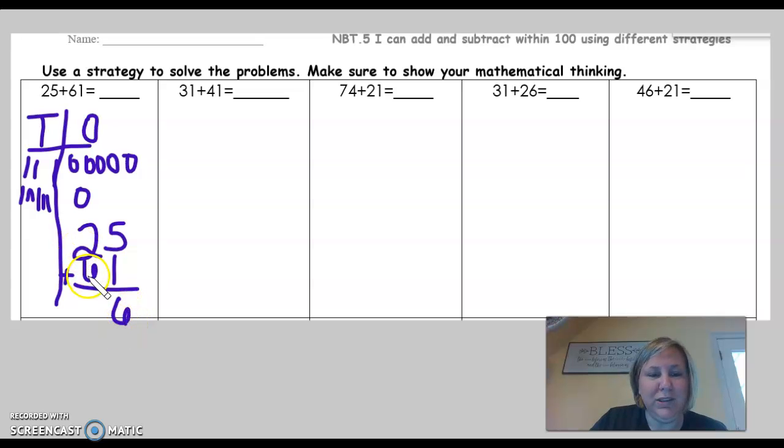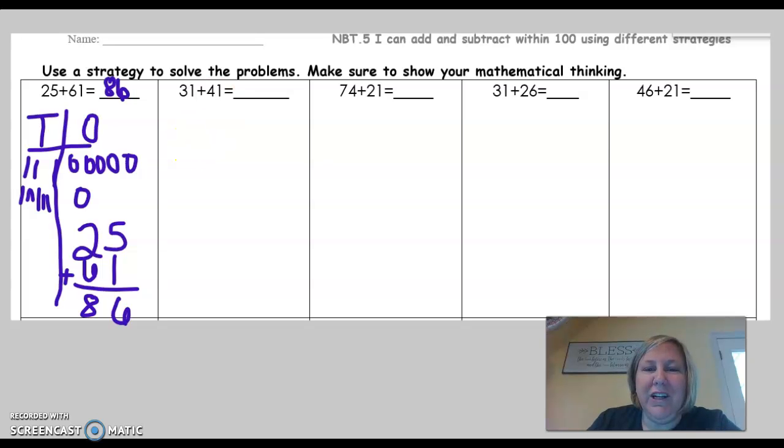And then I have 20 plus 60. 10, 20, 30, 40, 50, 60, 70, 80. So my answer is 86. And then I rewrite the sum right up here. 86.